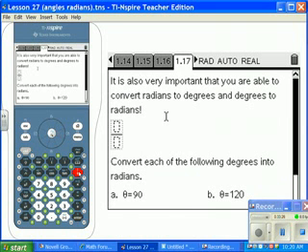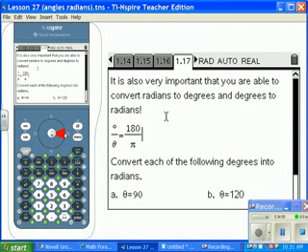The formula is degrees over radians equals 180 over pi. And we have a pi key. So degrees over radians equals 180 over pi.